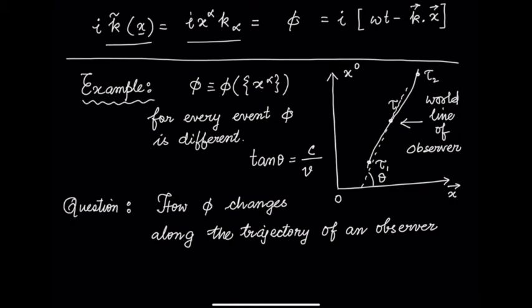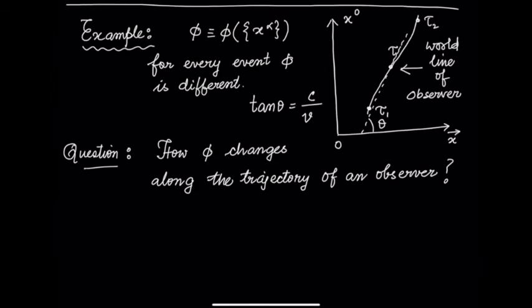It's the same as the world line. Okay. So this is the question that we are asking. Now, when I say change, I start with infinitesimal change. So the infinitesimal change in phi is d phi by definition.